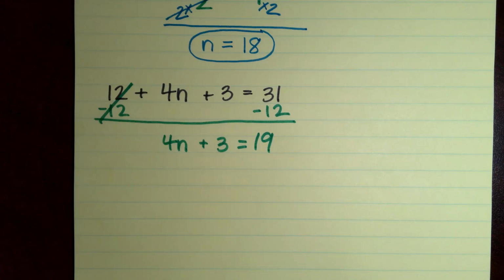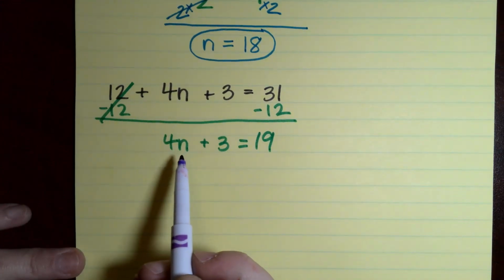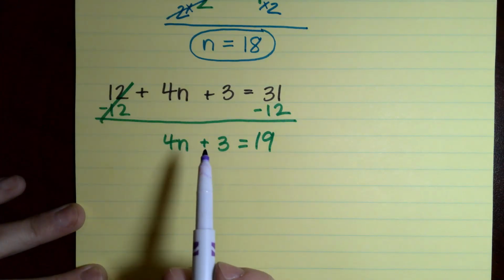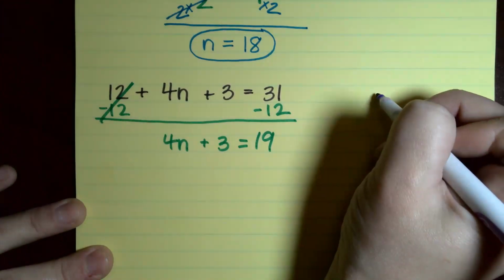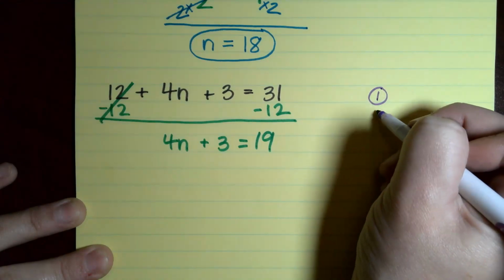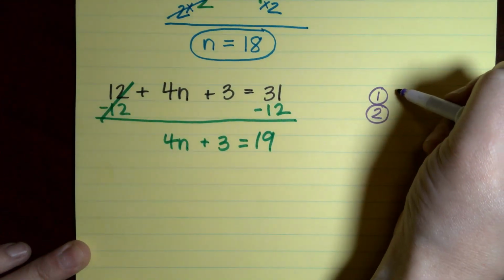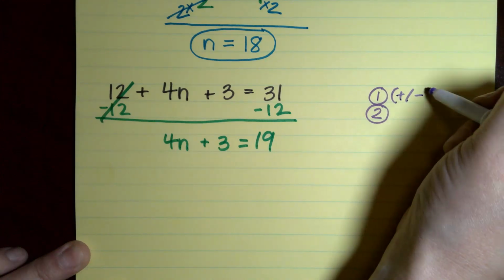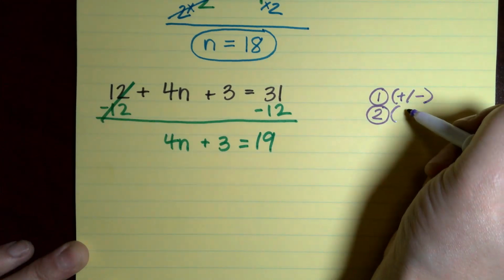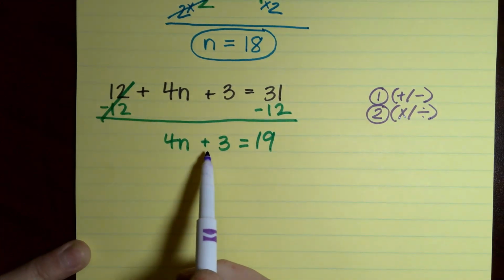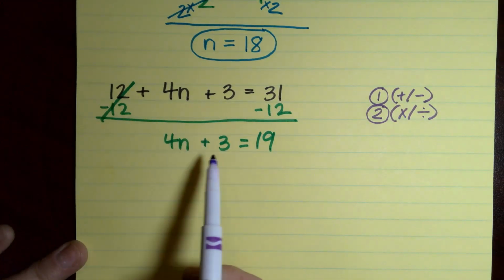Times 4. So let's look at our operations. I've got 4 times n, and then I have whatever that is, plus 3. Yeah, so we want to make sure that we follow our steps, our order of operations reversed. We get rid of addition and subtraction first. Then we get rid of multiplication and division. So we still have a 3 to get rid of.